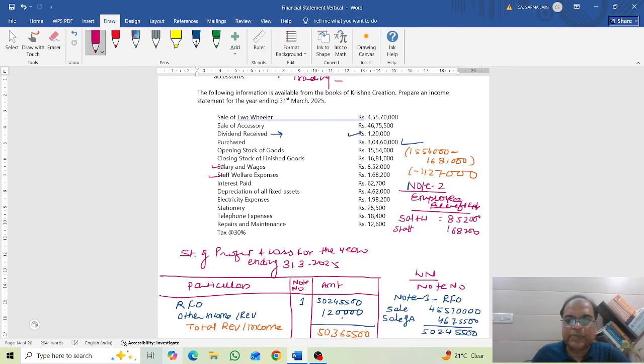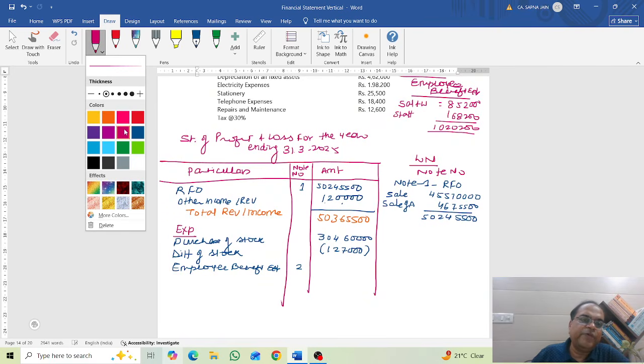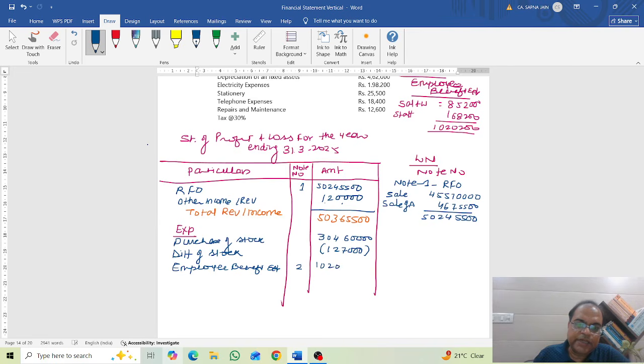Only 2 items are given. So now the total is 10,20,200. Then how much employee benefit expenses? This is 10,20,200. And the fifth item is the finance cost.